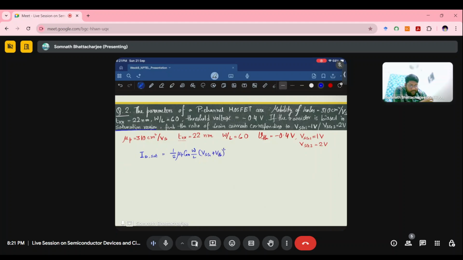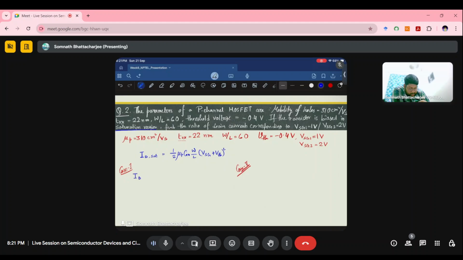This is the basic equation and you just have to find it out. In this case as well, we have to consider two cases, case one and case two. In both cases, we just put the values here.